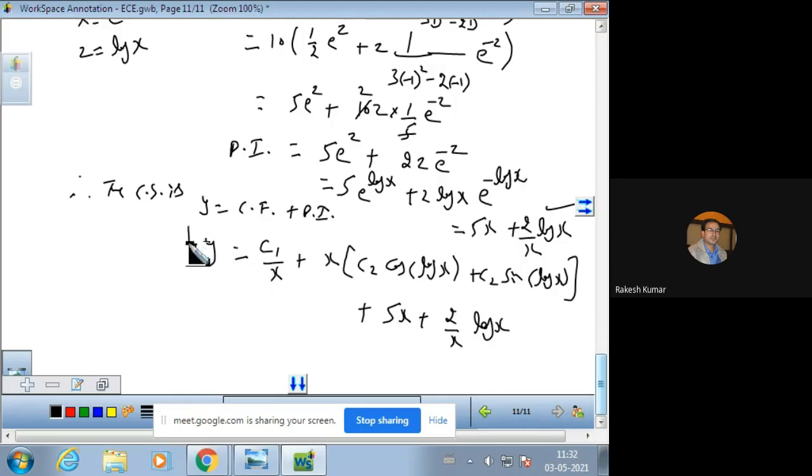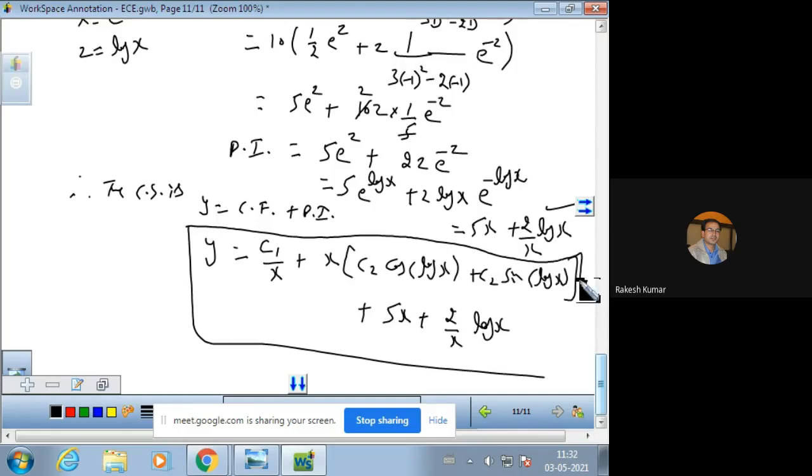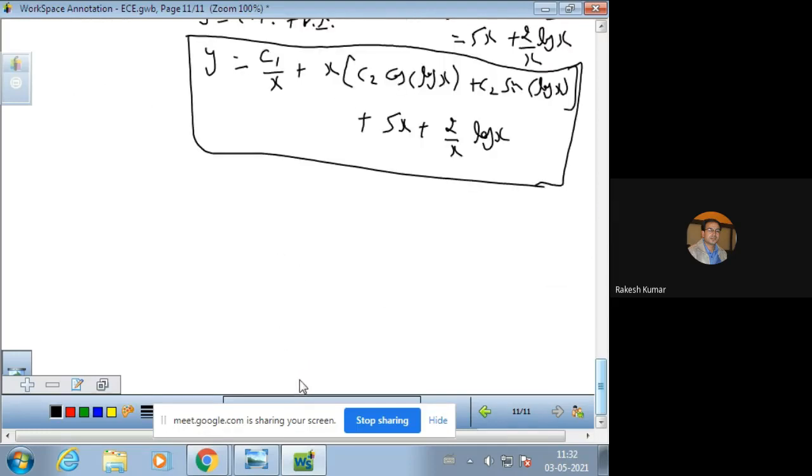So this is your complete solution of the given differential equation, and your differential equation was Cauchy's homogeneous linear differential equation. So this is the procedure of finding the solution by Cauchy's method.